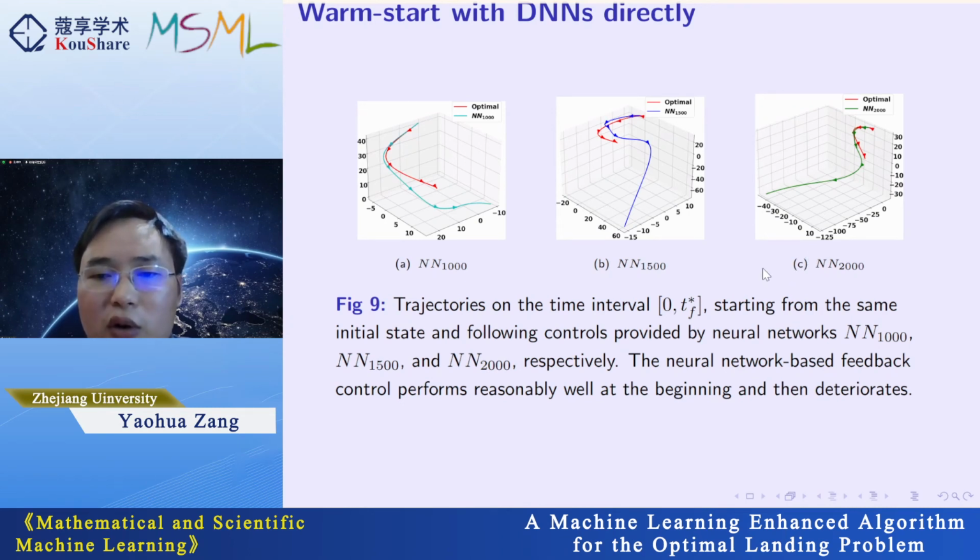However, the neural network-based feedback control performs reasonably well at the beginning and then deteriorates. This indicates that using deep neural networks to provide the initialization for solving the free-final-time problem directly may not be a good idea.